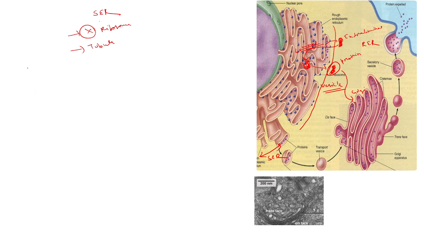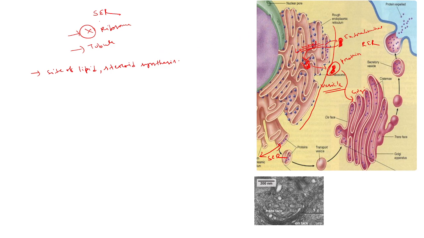So what is the main function of the smooth endoplasmic reticulum? It is the site of lipid synthesis, lipid as well as steroid synthesis.